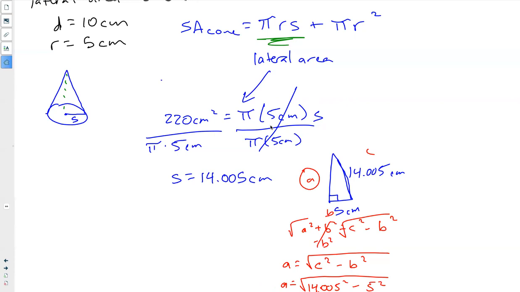Okay, punch those into your calculator. We will get a value, which is our height of 13.08 centimeters. And we're rounding it to the nearest tenth. So we look to the right of it, it's 5 or more. So we will raise the score. So final answer, the height of this cone is 13.1 centimeters.